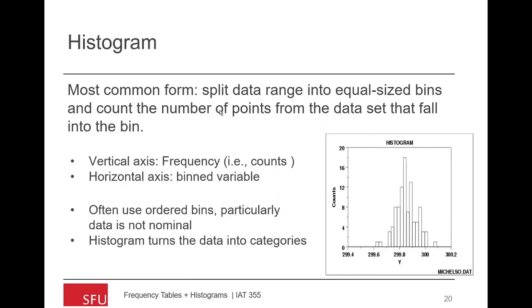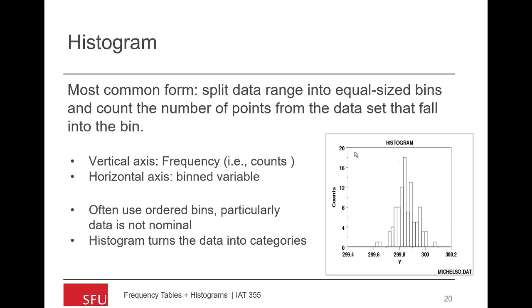A histogram is something where you get to see what's going on in the data. What we do is draw this histogram by splitting the data range into equal-sized bins and counting the number of points from that data set that fall into each bin. The little exception is that the bins at the lowest and highest ends might also take any value less than the minimum and any value greater than the maximum, just to catch any big outliers.